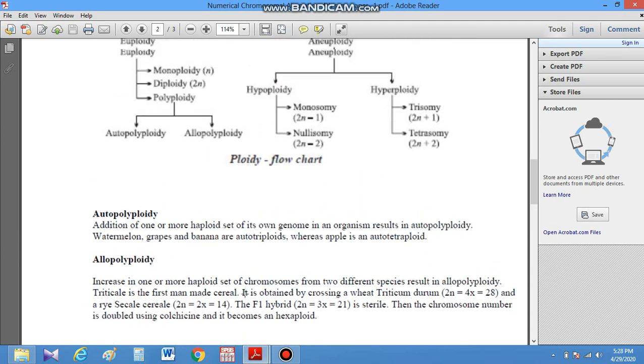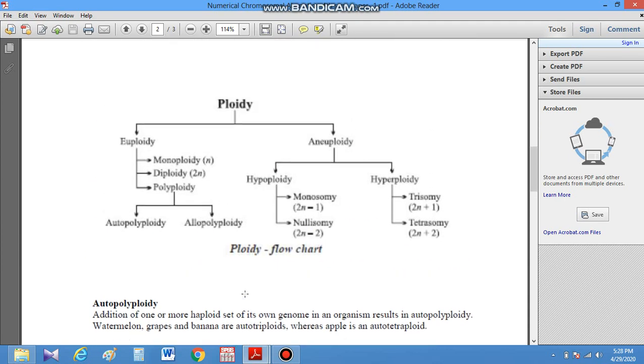In the case of aneuploidy, as we discussed before, it means presence of a chromosome number which is different than a multiple of the basic chromosome number. It is of two types, hypoploidy and hyperploidy.